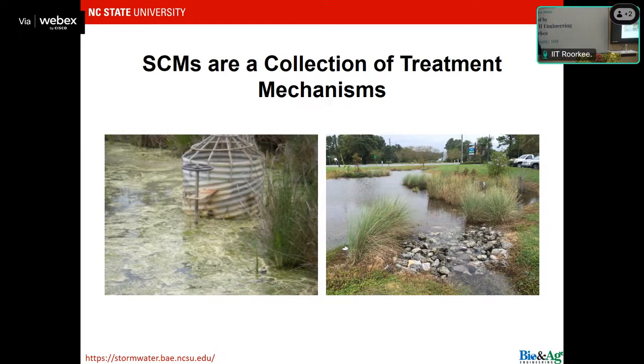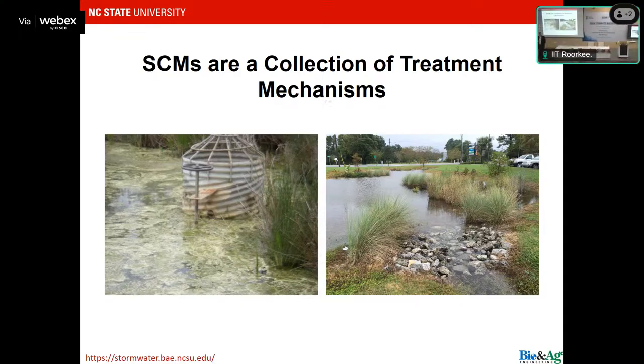One term I did not share with you yesterday that I should have is this: when we put stuff in the ground, like an individual practice, a wetland, a bioretention cell, a permeable pavement, a rainwater harvesting system, which we're going to talk about today, those in America are now called stormwater control measures.